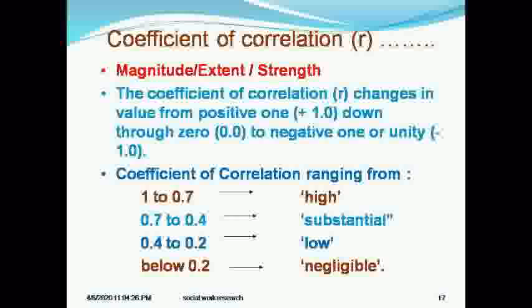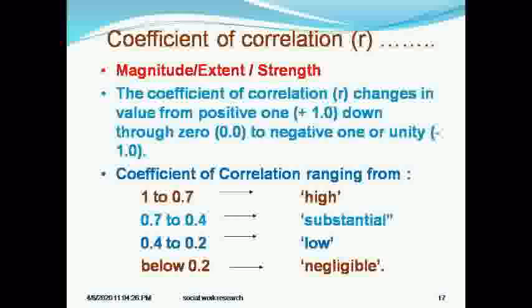And there is positive correlation and negative correlation. Positive means a positive change in one variable affects positively the other variable, which means higher the income of the parents, higher the expectation of the students. Now, negative correlation means higher the value of one variable, lower the value of another variable.